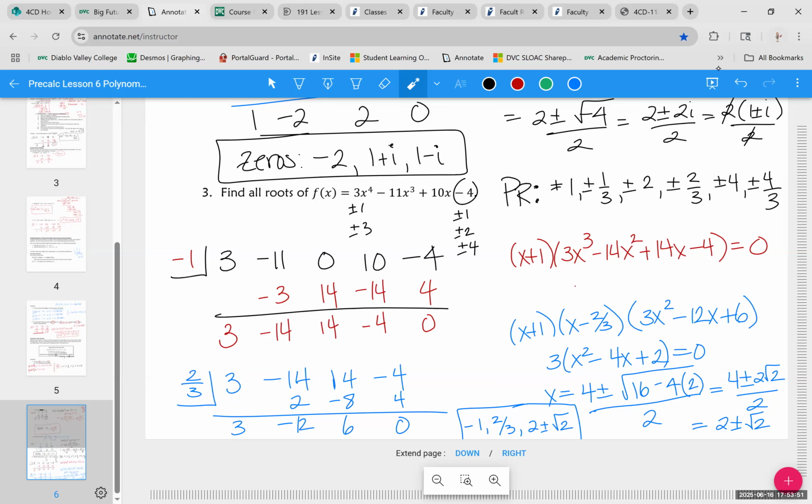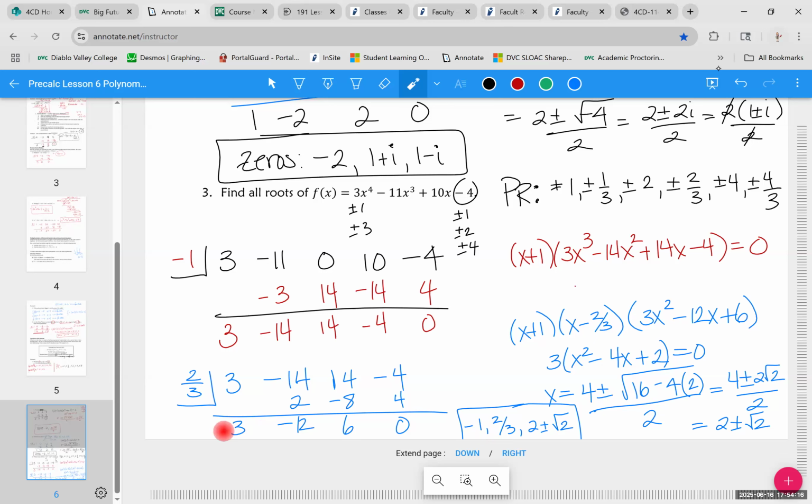The nice thing is when you multiply the 3 by the 2/3, the 3's cancel. And when you multiply the -12 by the 2/3, it does come out to be a whole number. So that part isn't awful. So now, once I found this, I know that x plus 1 is still a factor. And then for this guy, x minus 2/3 is a factor. So there's my first two zeros, -1 and positive 2/3.